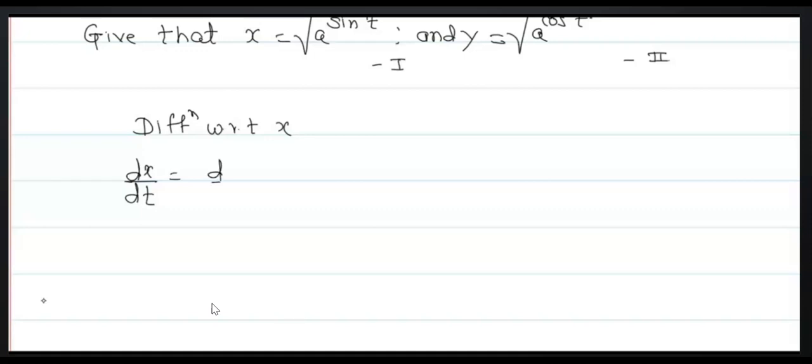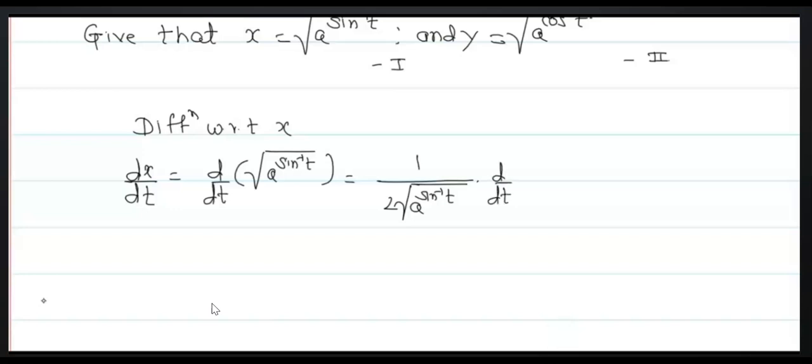Therefore, you will get d by dt of root of a raised to sine inverse of t, that is equals to 1 upon 2 root of a raised to sine inverse of t into d by dt of a raised to sine inverse of t.